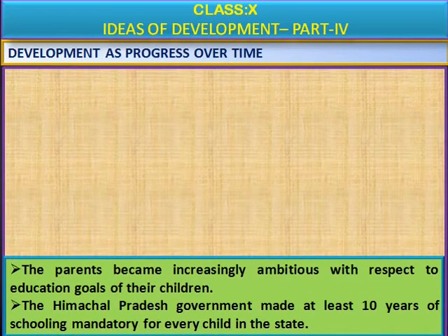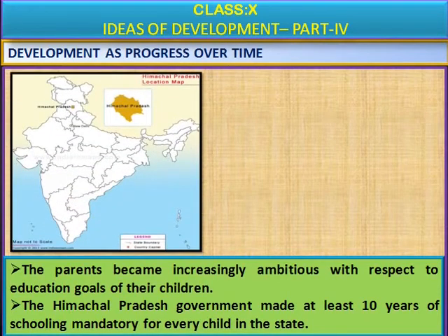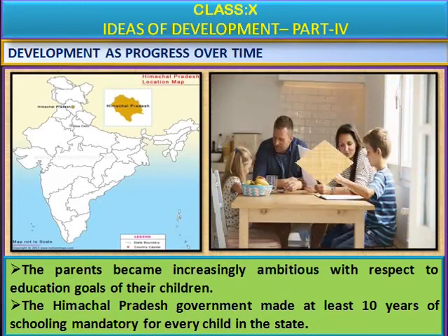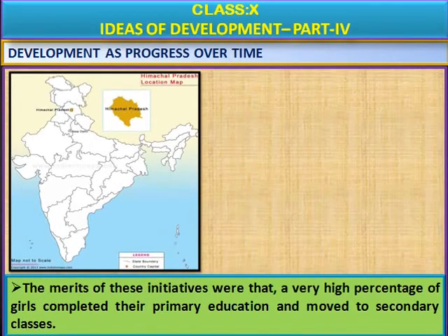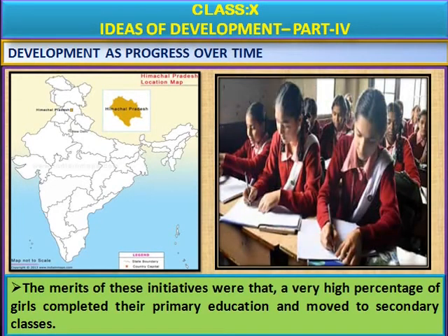The parents became increasingly ambitious with respect to the education goals of their children. The Himachal Pradesh government made at least 10 years of schooling mandatory for every child in the state. The merit of these initiatives was that a very high percentage of girls completed their primary education and moved to secondary classes.